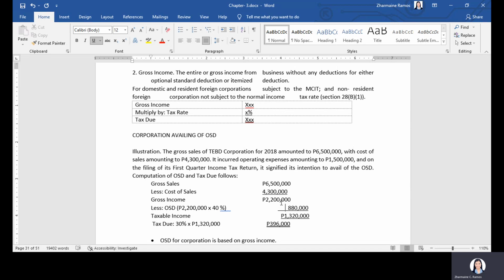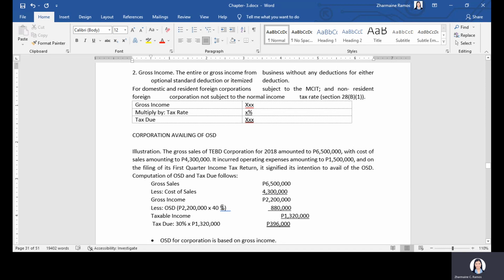As discussed kanina, OSD is based on gross income. So, pag gross income kasi, kasama sa cost of sales, pero wala kang i-deduct na itemized deduction or optional standard deduction. So, gross income is 2,200,000 less, ano ba yung optional standard deduction niya? So, gross income times 40%.